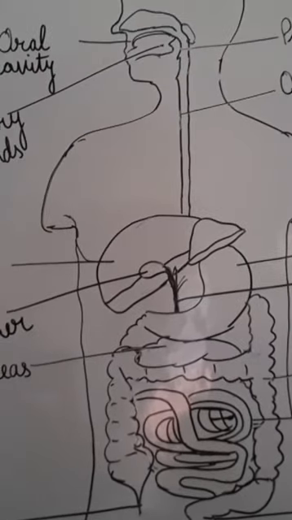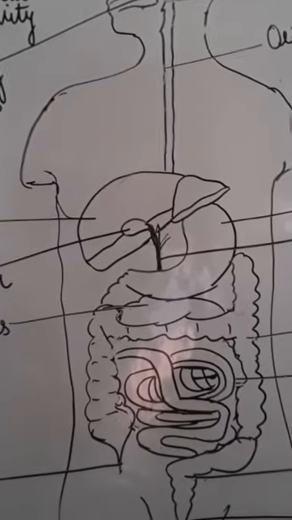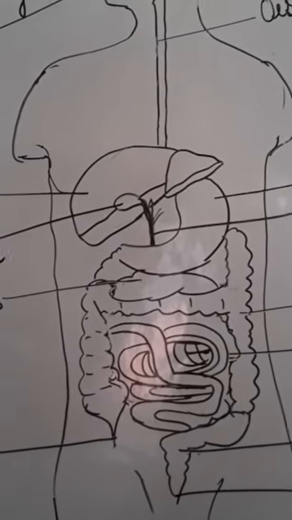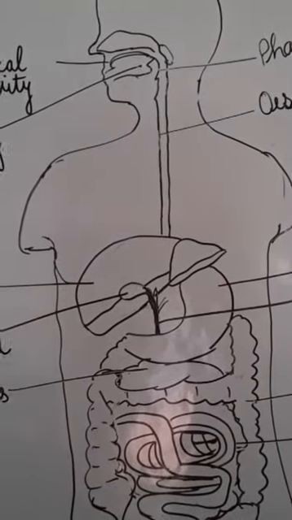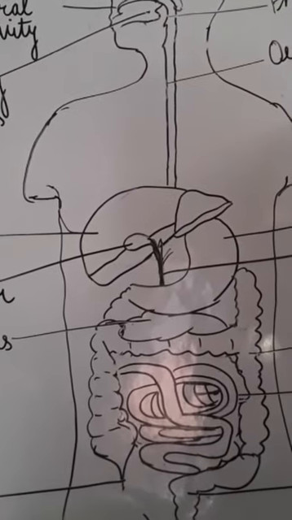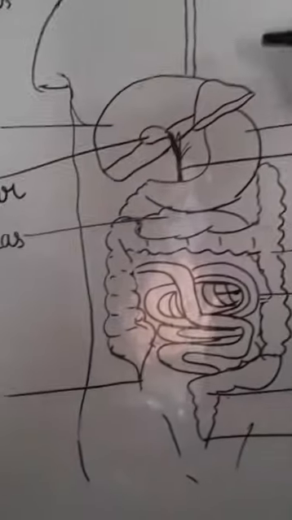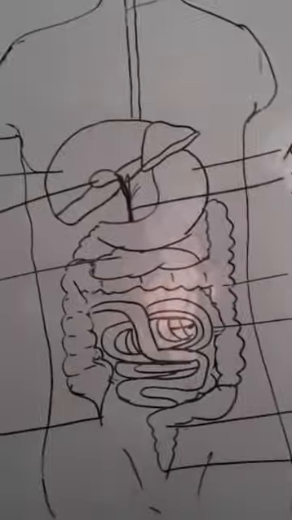These are wave-like contractions. How do these movements occur? By the contraction and relaxation of the muscles present in the esophagus. So food particles move properly through this tubular structure with the help of peristaltic movement.